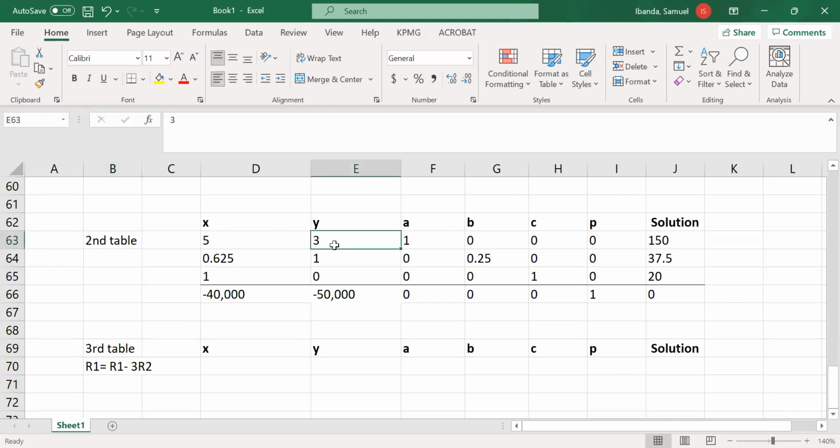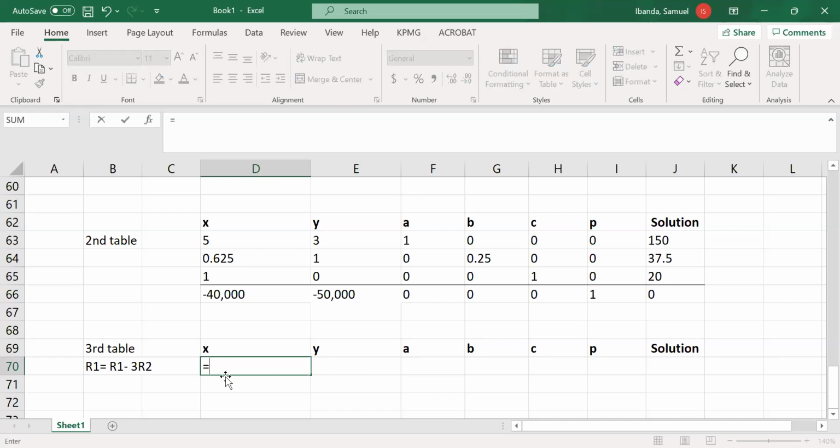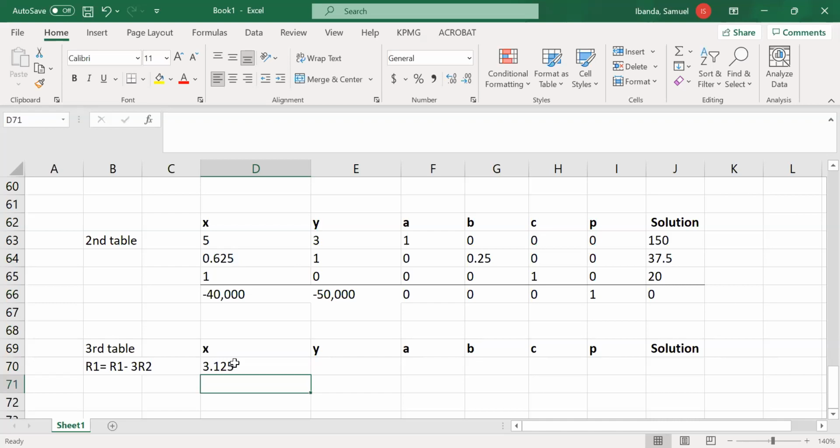Now look at this. If this is 3 and I subtract 3 times 1 to give me a 0. Let's see it from here. 5 minus 3 times this. So it's basically 5 minus 3 times this gives me a 3.125.